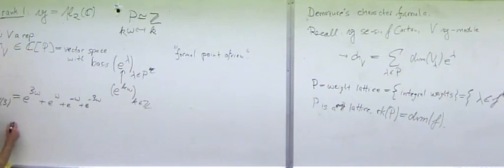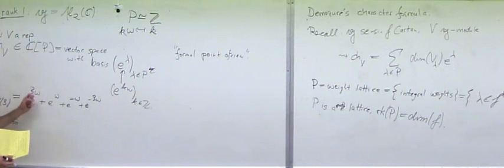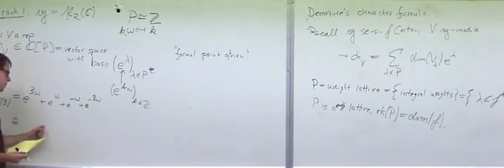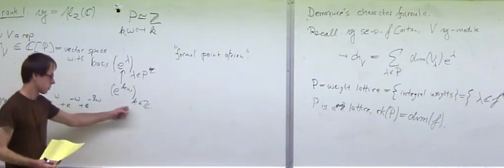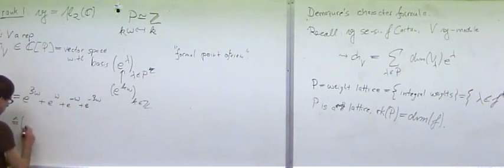I write this sign for it. It's not really equal, but according to this obvious isomorphism, I identify linear combinations of these e to the k omega terms with row vectors where the components are indexed by Z and the index is just the k. Then this is the following row vector.